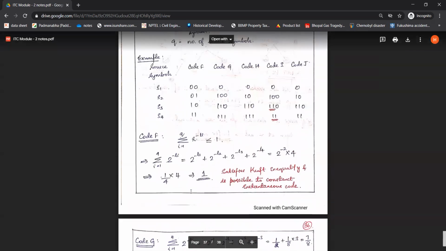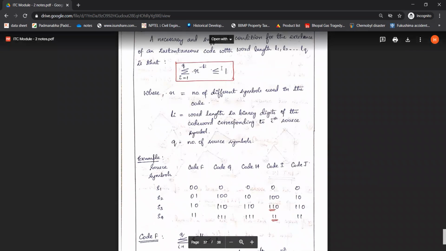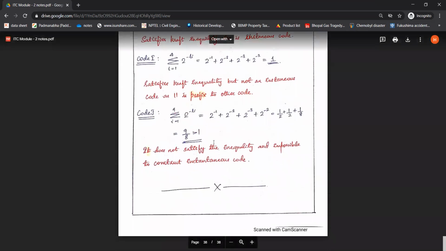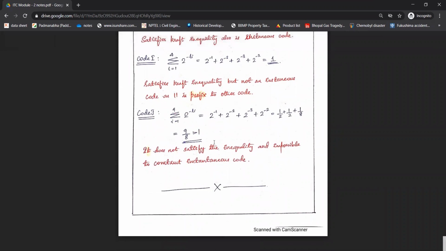The condition for the Kraft-McMillan inequality is that it should be less than or equal to 1, but here we got greater than 1. So the conclusion from code J is that it does not satisfy the Kraft-McMillan inequality, and it is impossible to construct an instantaneous code.